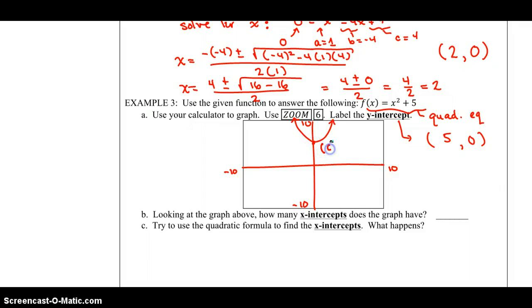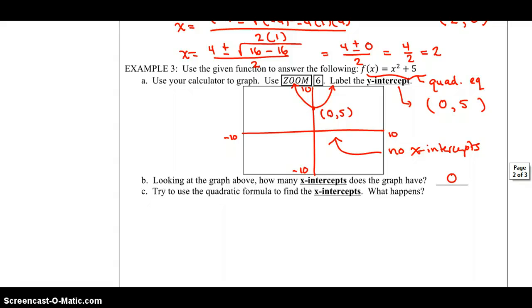So input of 0 gives us an output of 5. So our y-intercept is at (0, 5), and we can see that there are no x-intercepts. So how many? It doesn't have any.